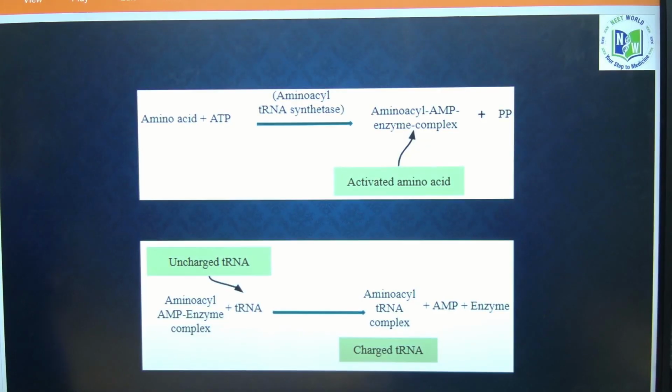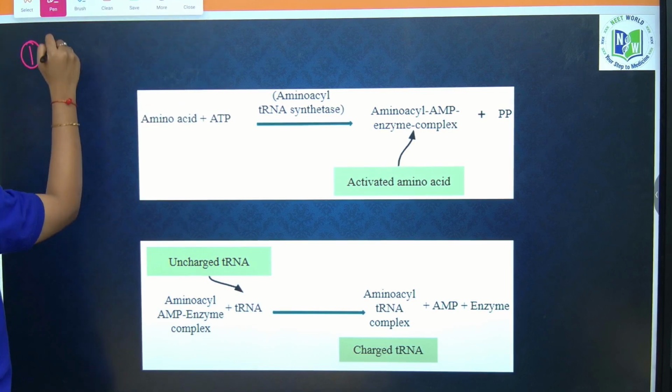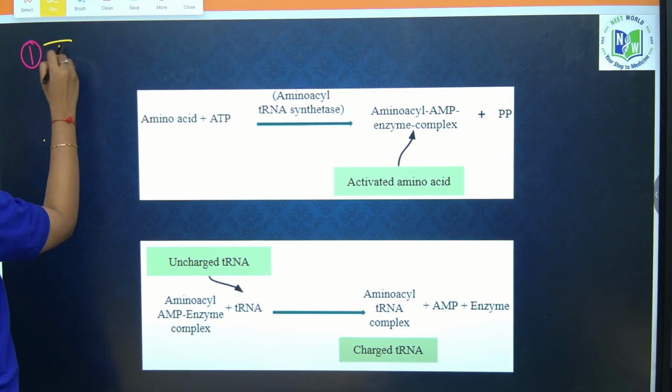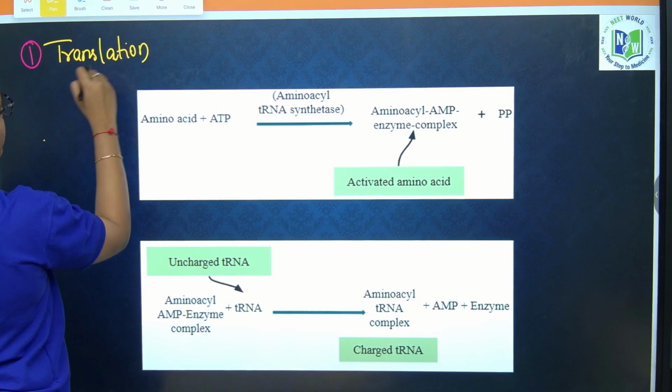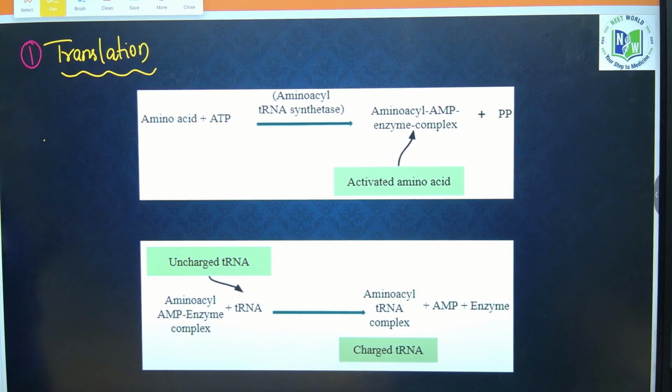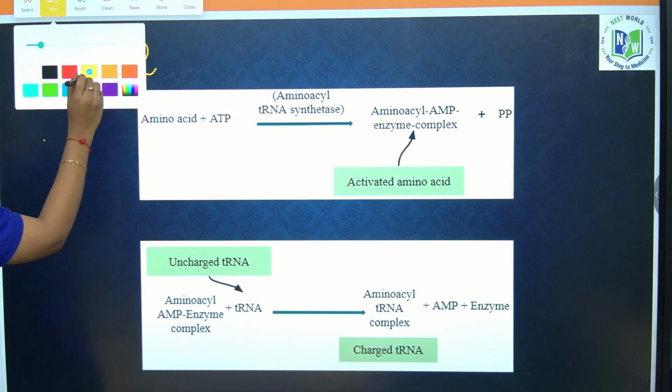If you look into translation, for translation we require 3 types of RNA. One is mRNA.